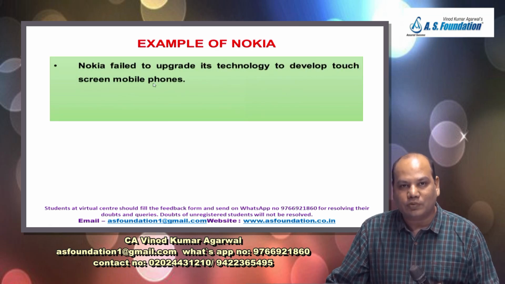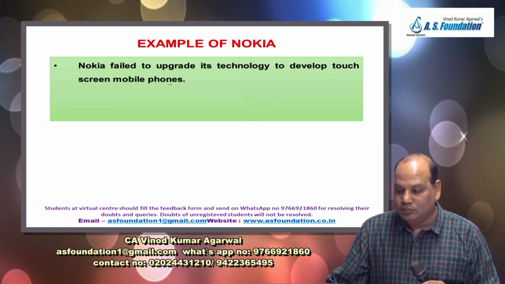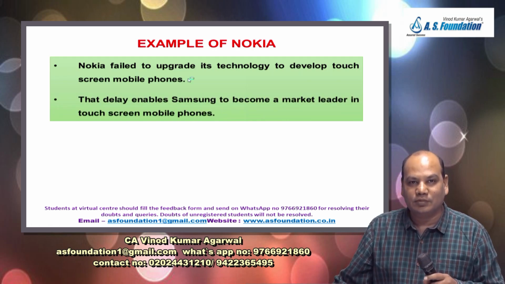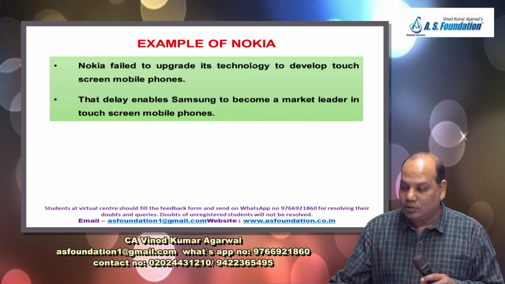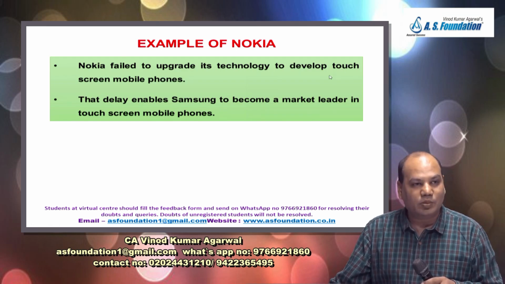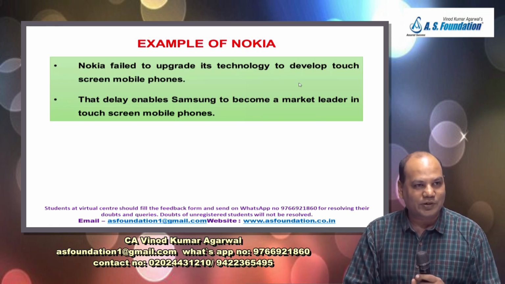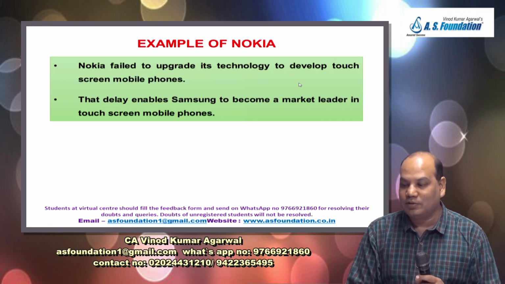Nokia, as we know, was a world leader. It had captured 90% of the world market and had come out with many different varieties of handsets. But then what happened? Apple launched the touchscreen mobile phone, which was copied by Samsung and other companies in China, Korea, Japan.